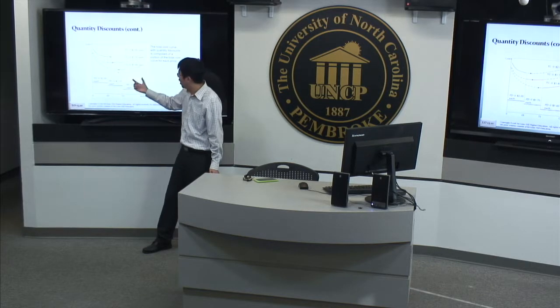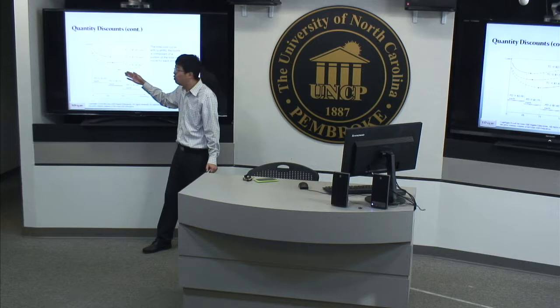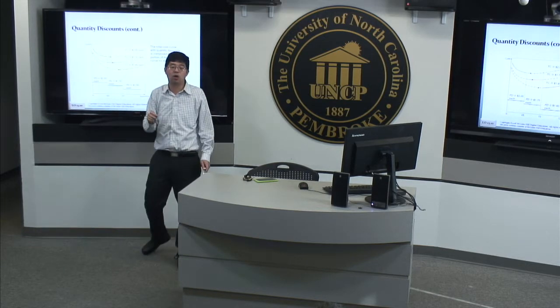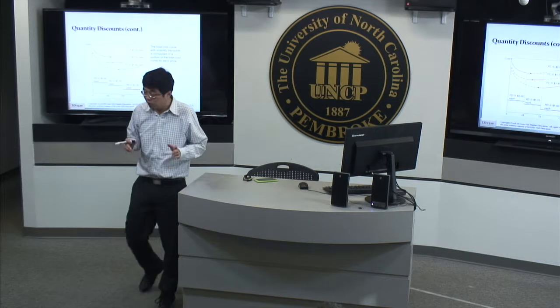If you order 60, you can't benefit from this lower order price. If you did, you would have already passed the optimal point. But it's okay, that's the optimal we can get in reality. So that's how we find the optimal order quantity in the quantity discount model.